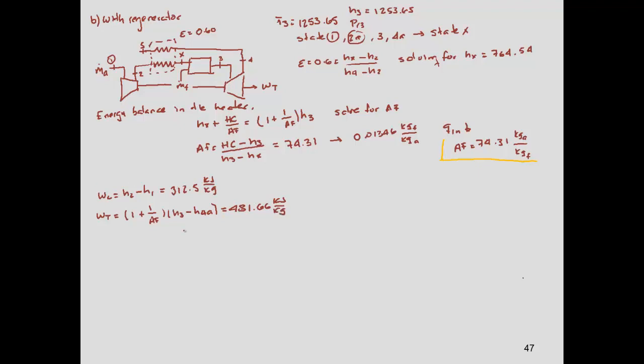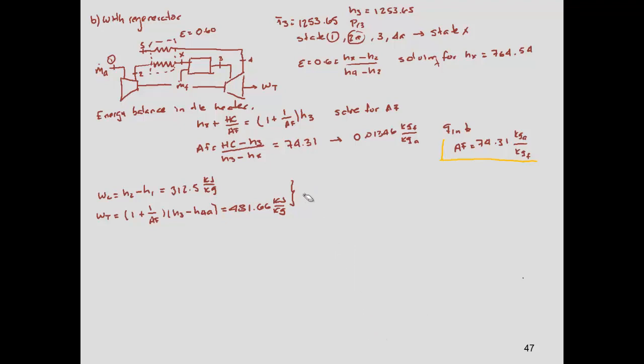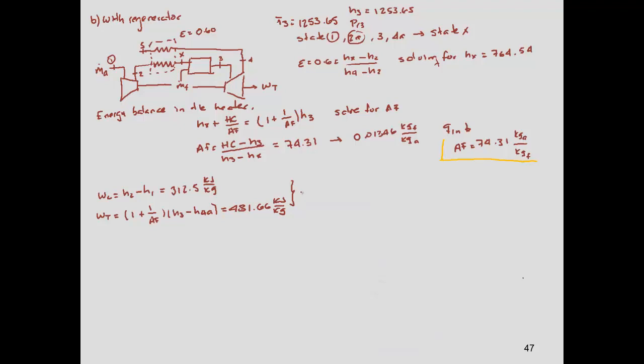If we subtract, our net work will be 169.17. It increases because we have more mass passing through the turbine.